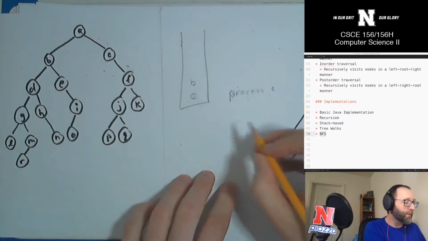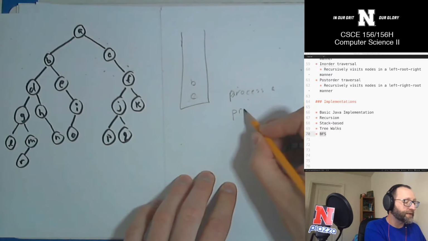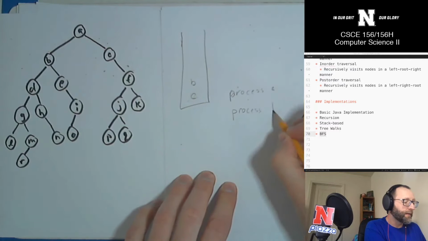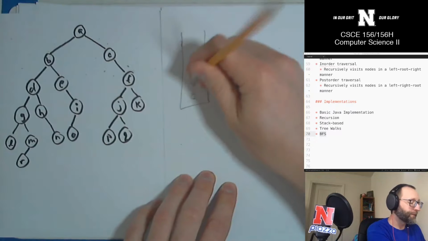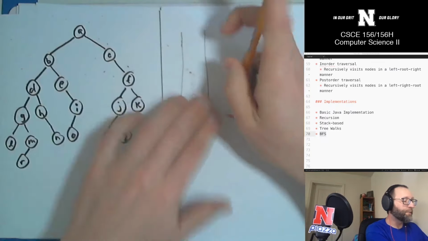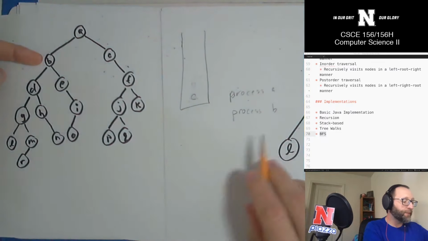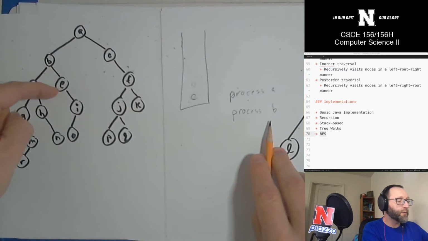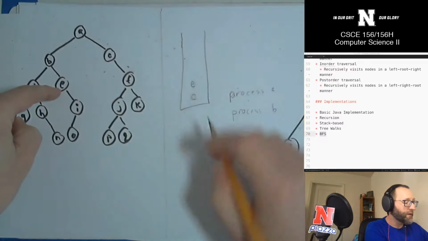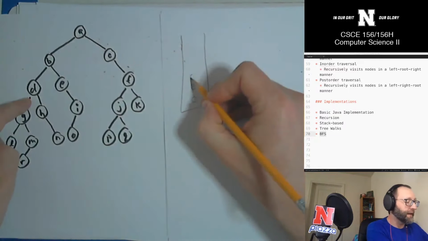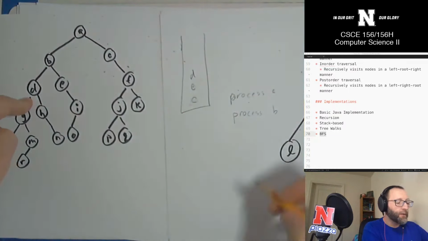Okay, what I'm going to do is I'm going to pull the thing off the top of the stack, process it, and then repeat. I'm now at B. I just processed it. So I need to remember, I need to come back to E, but before I do that, I need to process D. And then I repeat that process.